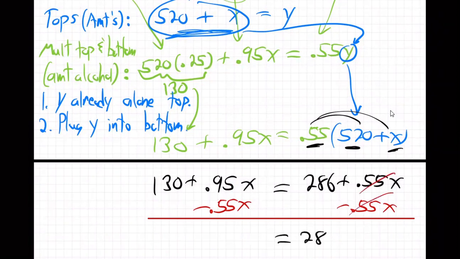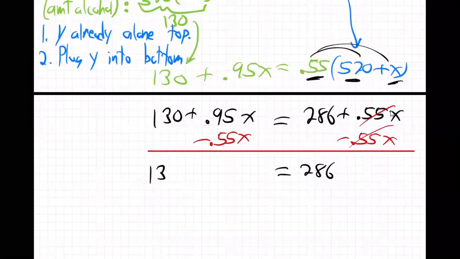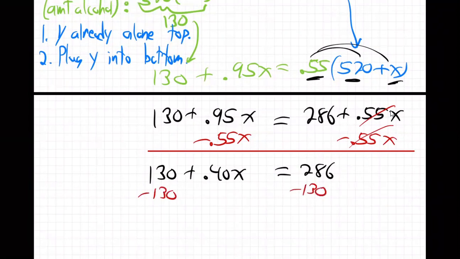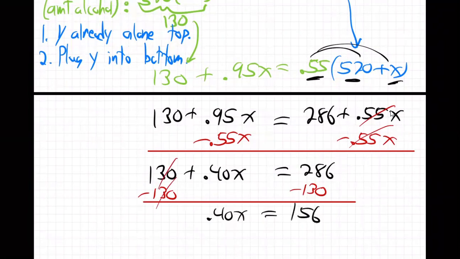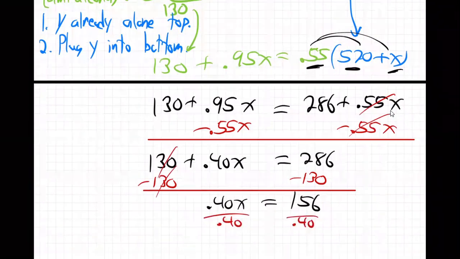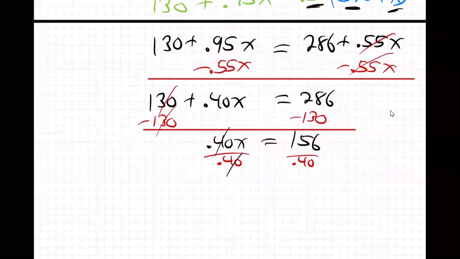So we get 286 over there, and here it's going to be 130 plus 0.40x, and then subtract 130. And this is 156. Last step, divide by 0.40. And we get x equals 390.